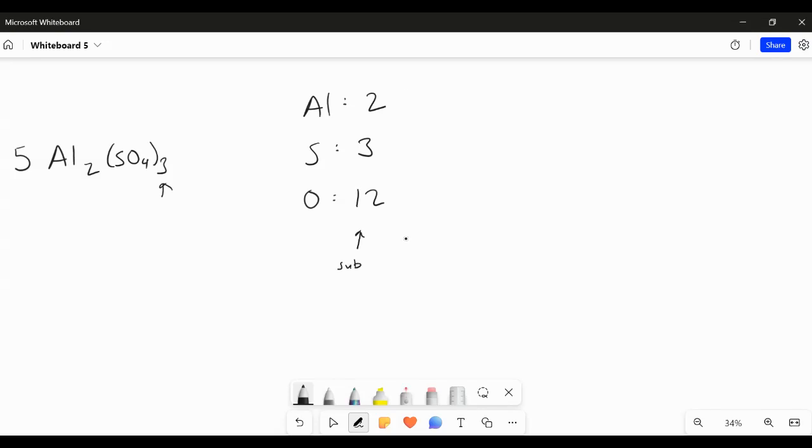And now I'm going to multiply all of these by 5. This is from our coefficient. So 2 times 5, that's 10. 3 times 5, that's 15. 12 times 5, that's 60. So we have 10 aluminums, we have 15 sulfurs, and we have 60 oxygens.